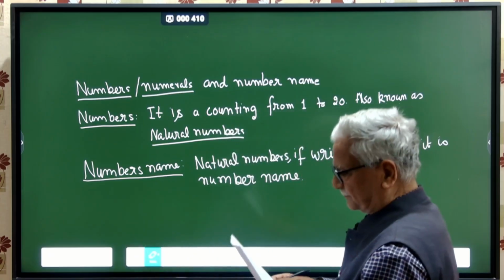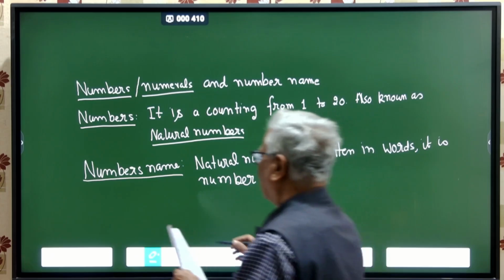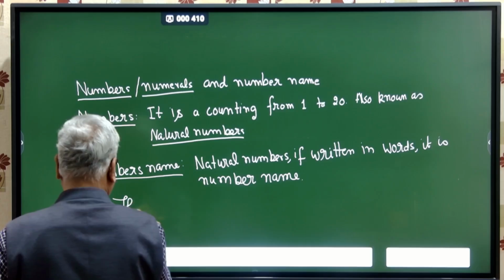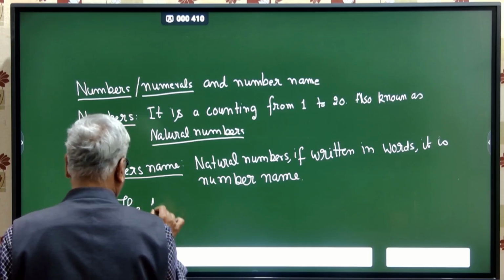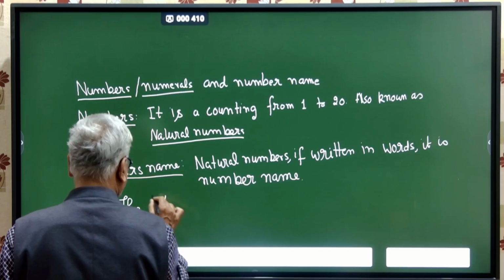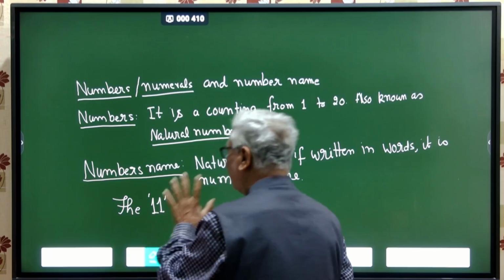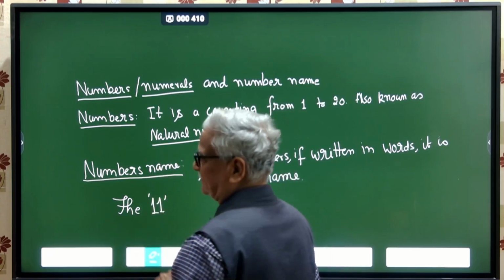For example, 11 is a number, numeral and natural number.